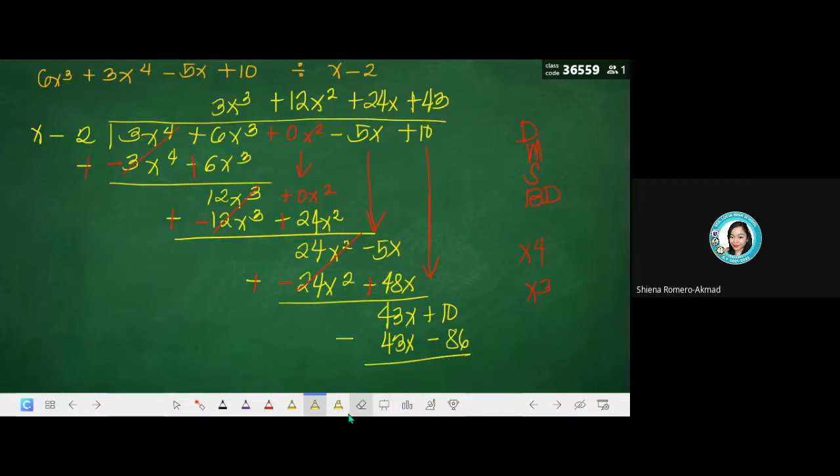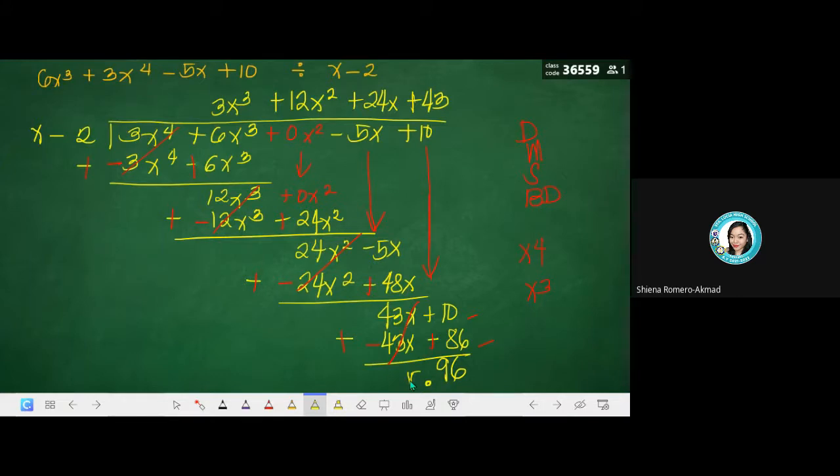Subtract. Change the sign. Proceed to addition. Oh, this will be 0. Positive 10 plus 86, that is 96. So, our remainder is 96. Okay?